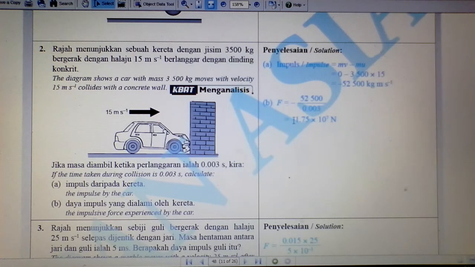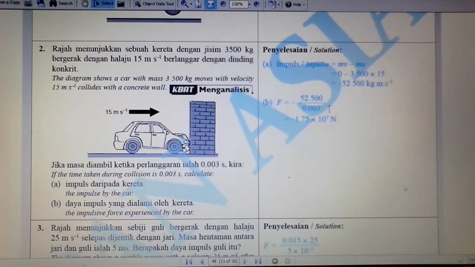Thus we get negative 1.75 times 10 power 7. If we mark the direction, impulsive force on the wall is to the right, impulsive force on the car is to the left. That's why the answer that we get is negative, showing that the impulsive force acts to the left.